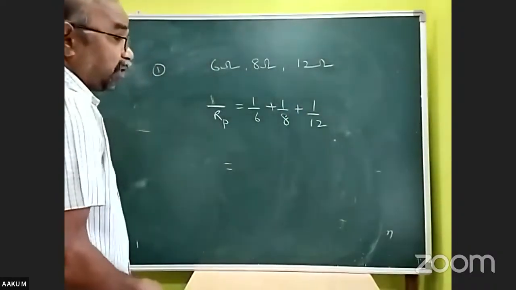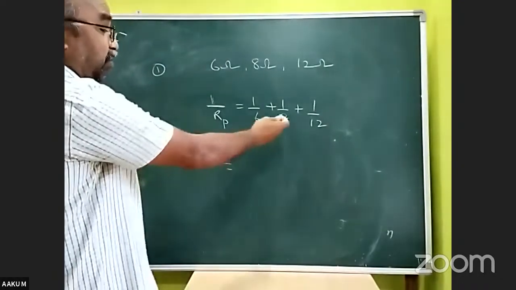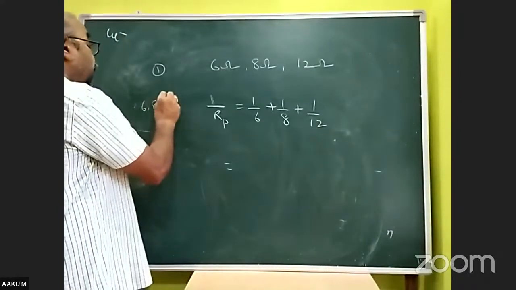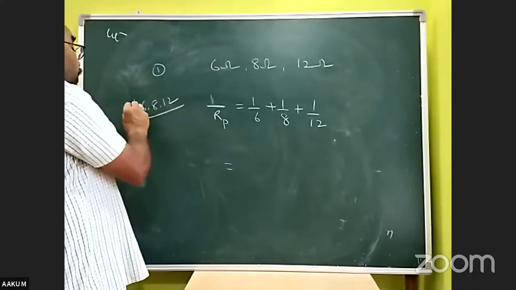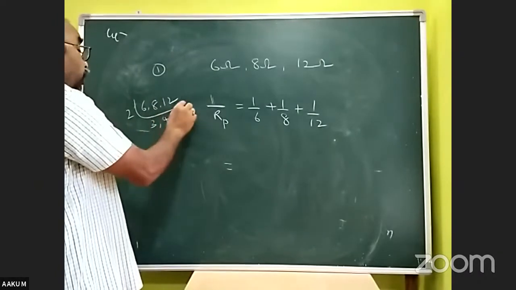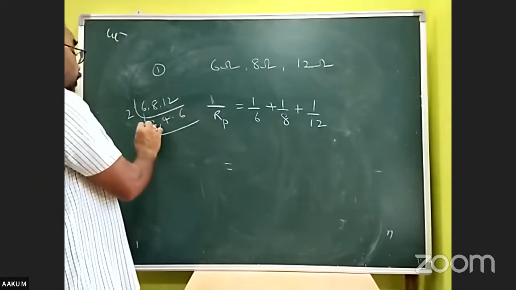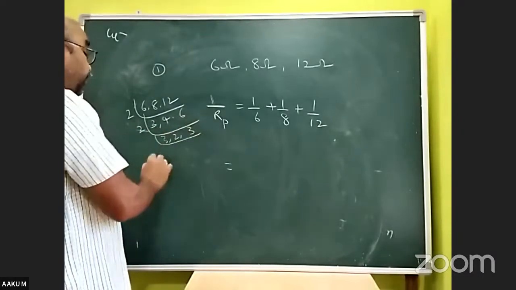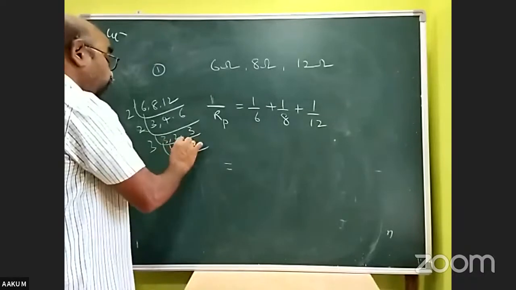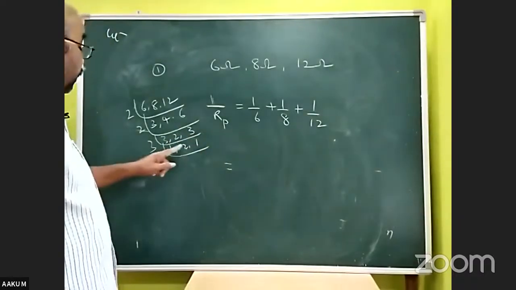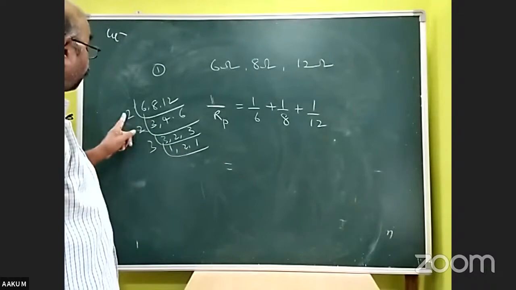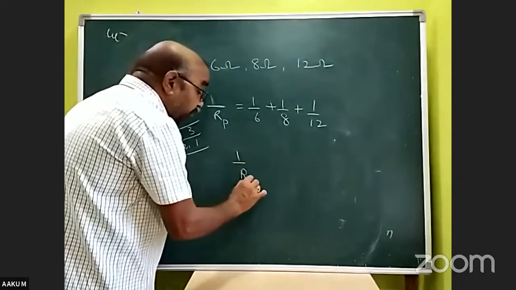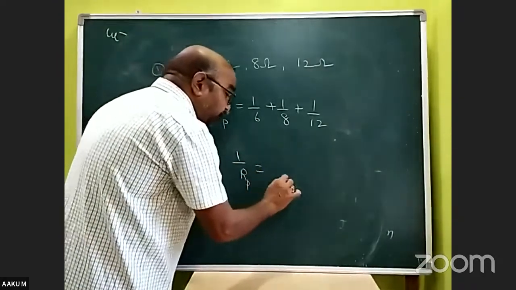So there is a need to find the LCM for these three resistances: 6, 8, 12. 2 3s are 6, 2 4s are 8, 2 6s are 12. 2 once again, 3 times, 2 times, 3 times. 3 1 time, 1. 3 2s are 6. 6 4s are 24. So LCM is 24.